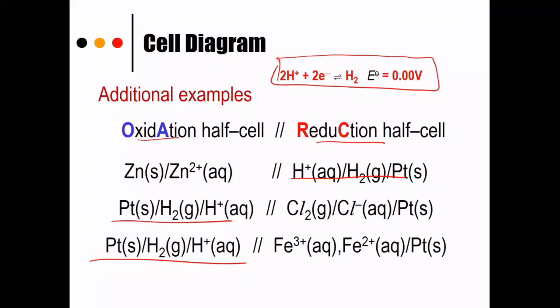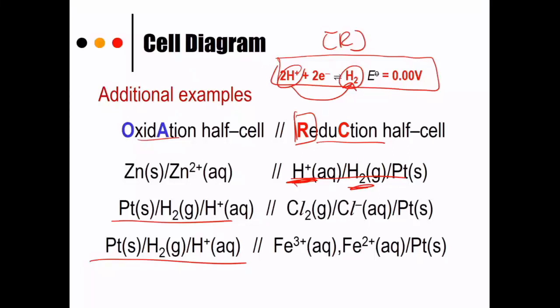Remember, we compare the E naught values to decide which is the oxidation half cell and which is the reduction half cell. In this case, if your standard hydrogen electrode is the reduction half cell, when you write it out in the cell diagram, it must reflect reduction. To reflect reduction, I have H plus first, then H2, because H plus to H2 represents a reduction reaction.